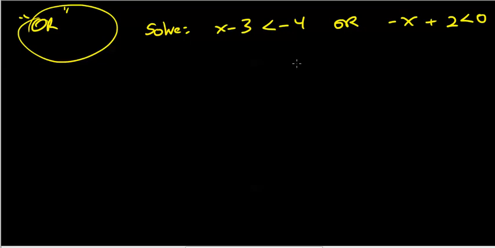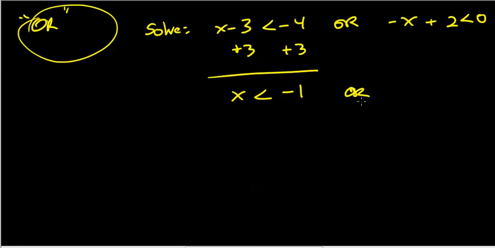Now I'll solve the individual inequalities much like I did in section 4.1. Here on this left branch, I'm going to add 3 to both sides. And of course I get the very easy statement x is less than minus 1. So from this left branch I'll get this solution set.